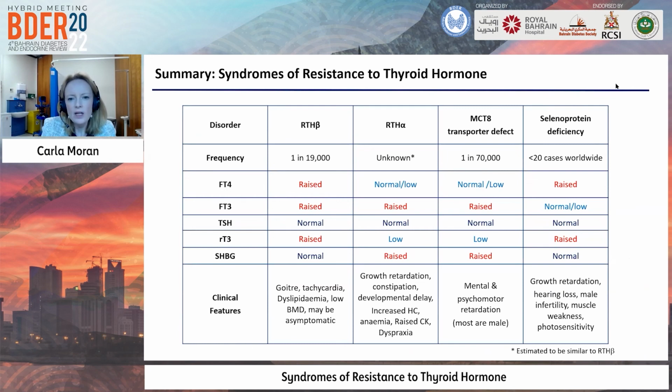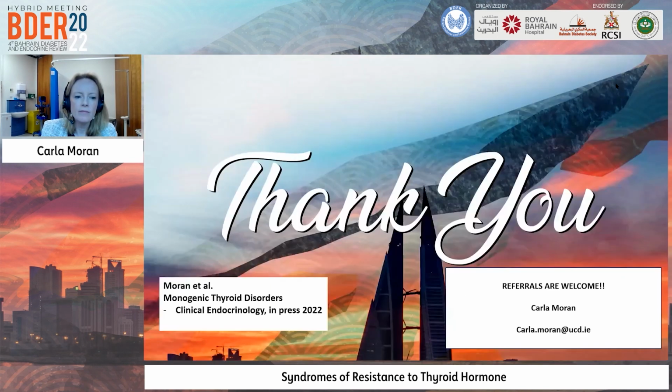And what I'd like to draw your attention to is that the biochemical pattern between RTH alpha and MCT8 are very similar, but the clinical phenotype is quite different. Patients with MCT8 are almost exclusively male, and they have quite a different neurological presentation, which is more severe. So usually they can be distinguished because of their clinical presentation, even if the biochemistry is similar.